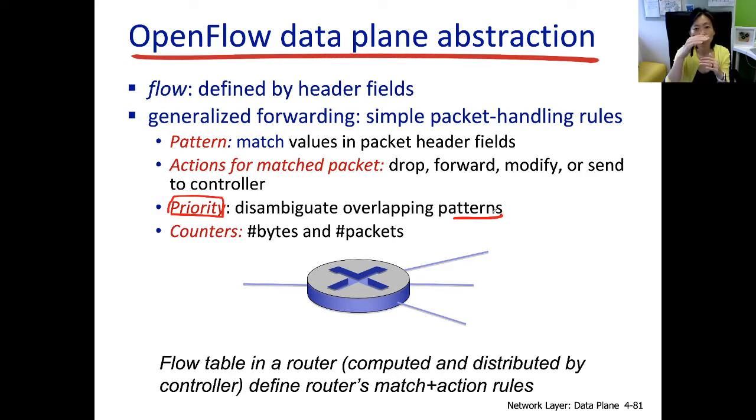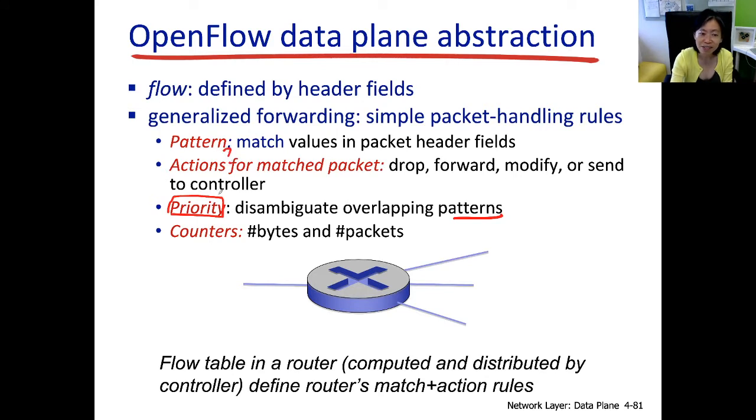So if we have multiple patterns that are coarse-grained, the chances are high that they overlap. Therefore, an incoming packet could potentially match multiple patterns, multiple entries, and each entry specifies an action. So which action do we take then?